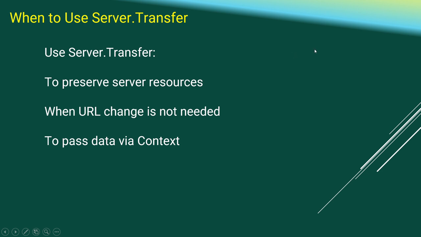Use Server.Transfer when you want to save server resources or pass data without exposing it in the URL. It is also handy if you want to keep the user on the same URL while showing different content.